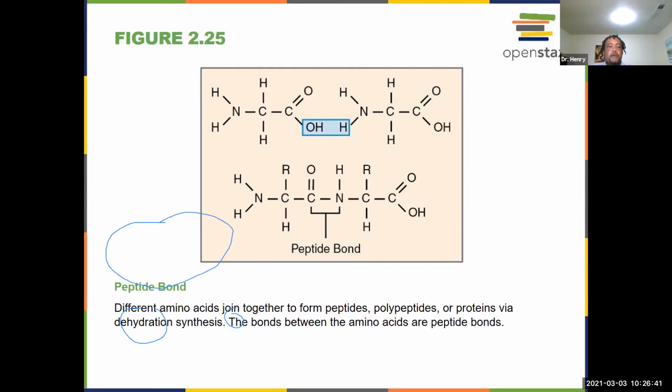And when we have a complete protein, that's when it's already cut and active and everything is working. Proteins are made up of multiple amino acids bonded together by dehydration synthesis. That process of putting two amino acids together, we call a peptide bond. So we specify peptide bonds for that.